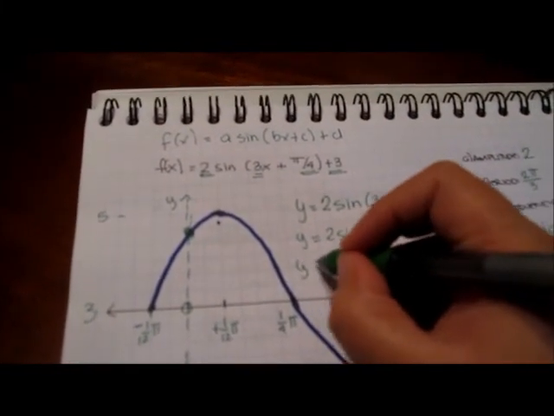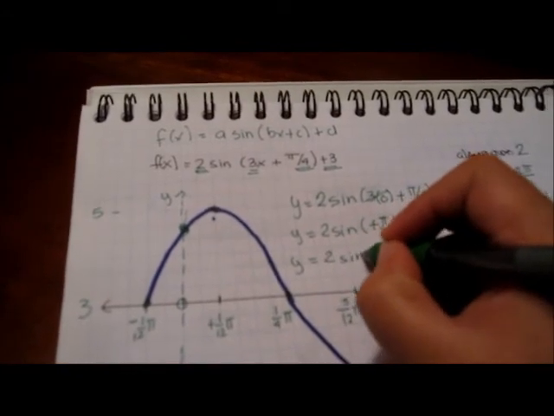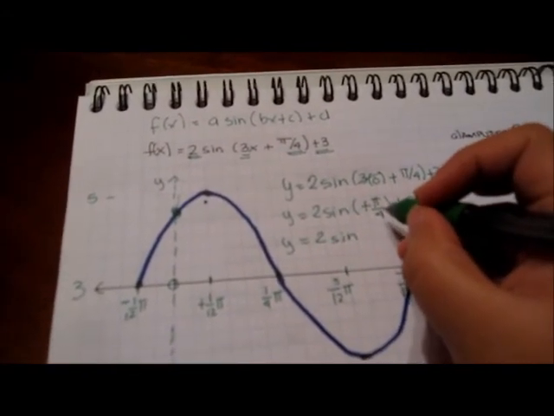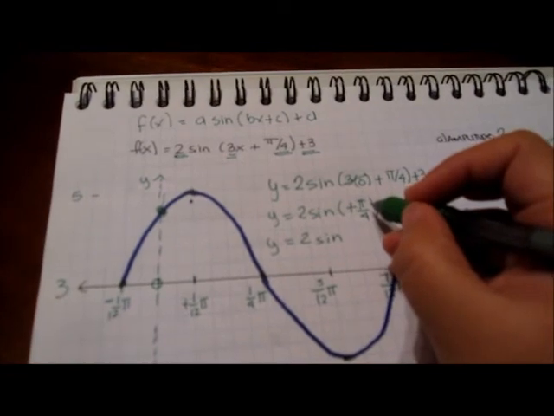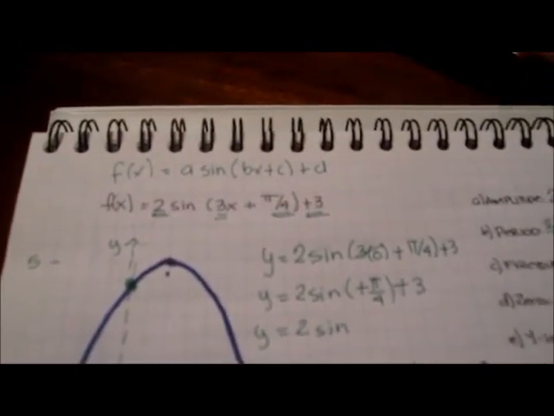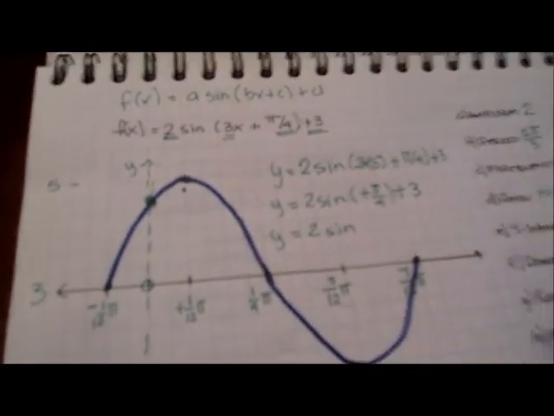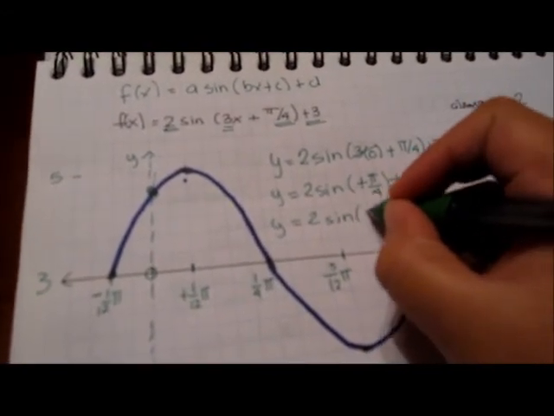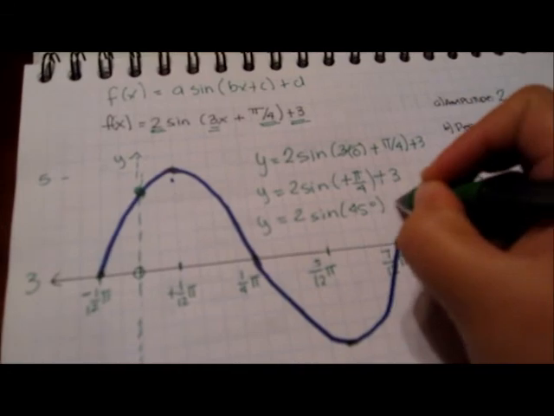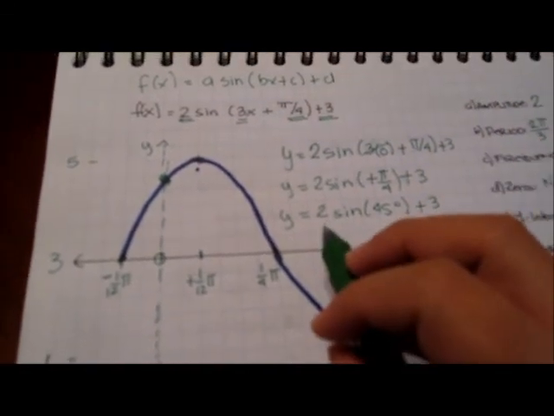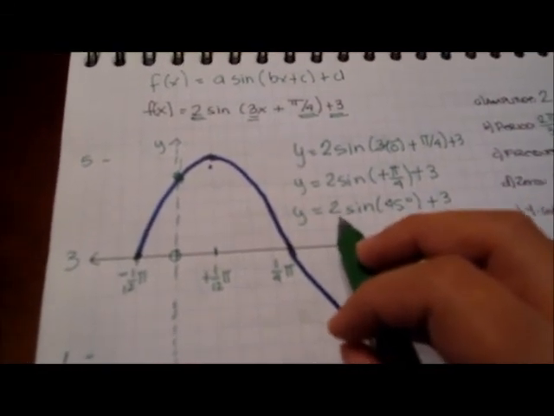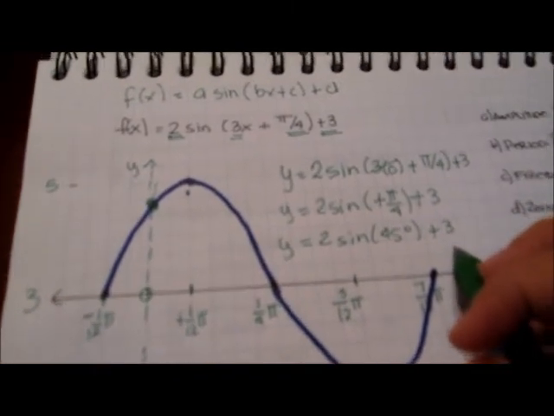Finally, y equals 2 sine, we need to convert this one to degrees. 180 divided by 4 equals 45. So you write it here. Then plus 3. And then you solve it in the calculator. 2 times sine of 45 plus 3.